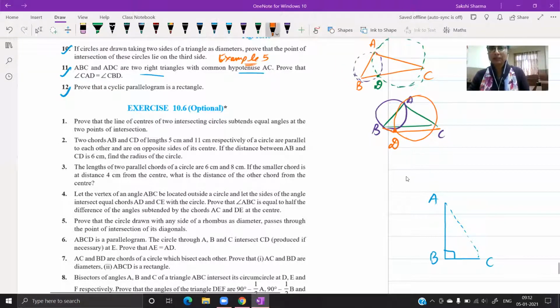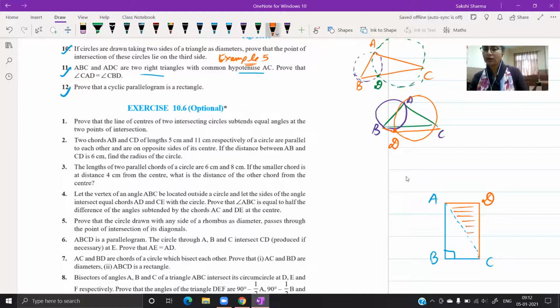Similarly, there is another triangle for which AC is the hypotenuse. So I'm going to draw that on the other side. This is the second triangle that you have with AC as the hypotenuse. The name of this triangle is ADC.